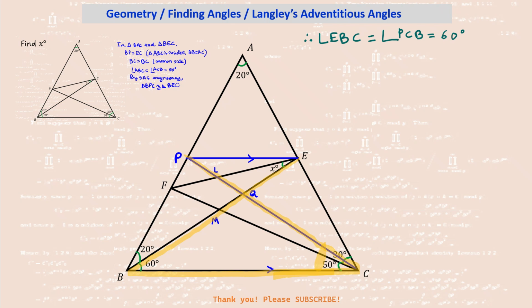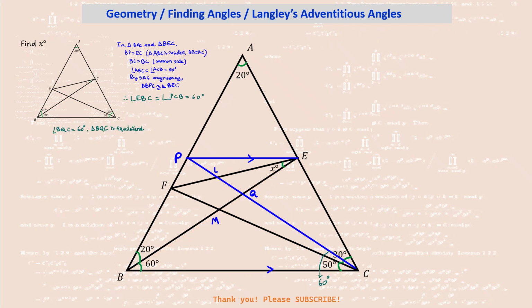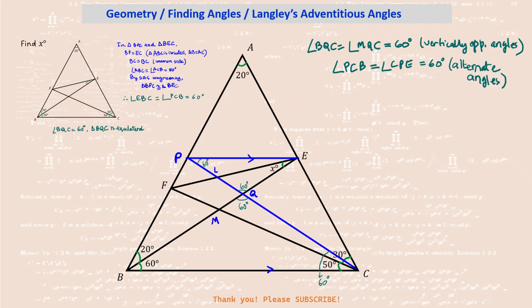So what does that give us? That would give us that triangle BQC is equilateral. Two angles being 60 degrees, the third angle is also 60 degrees. So angle PQE would also be 60 degrees, and angle PCB is 60.